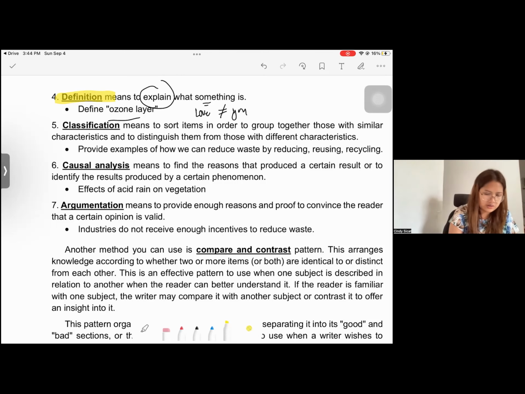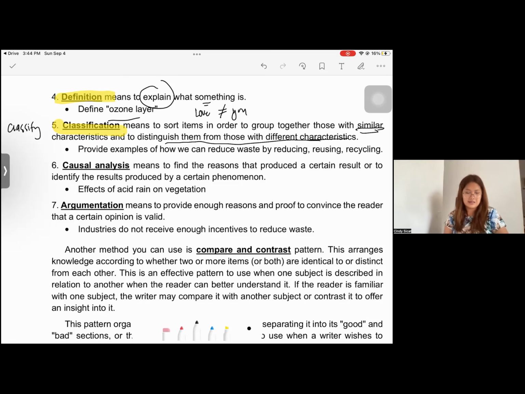Then classification on the other hand means to sort items in order to group together those with similar characteristics and to distinguish them from those with different characteristics. You actually classify. So you classify, meaning you sort items in order to group together those with similar characteristics and distinguish them from those with different characteristics.